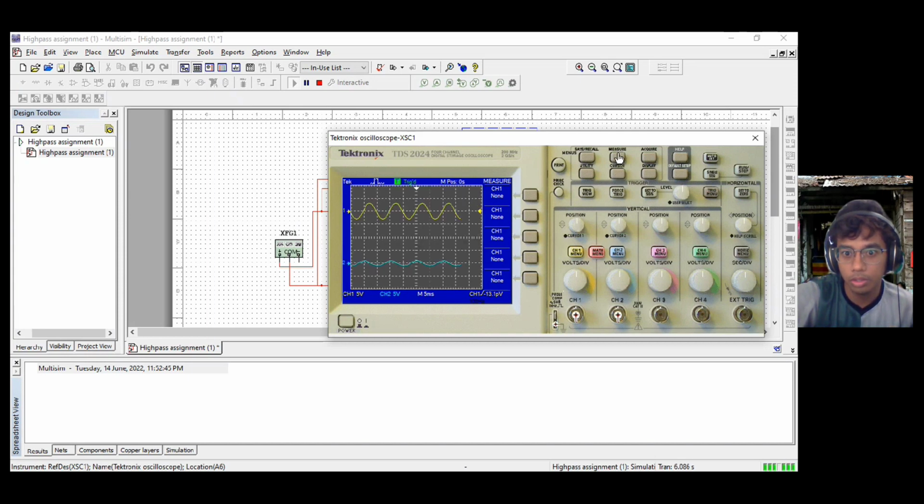For channel 1, measure channel 1 and channel 2 peak. This is the channel 2 value.